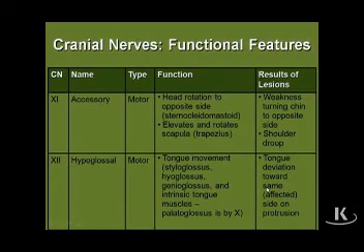Our last two cranial nerves are cranial nerves 11 and 12, and these are two purely motor cranial nerves that innervate a variety of specialized skeletal muscles. The accessory nerve, we know, is really a misplaced cervical spinal nerve, and its motor fibers innervate the sternocleidomastoid and the trapezius on the corresponding side.